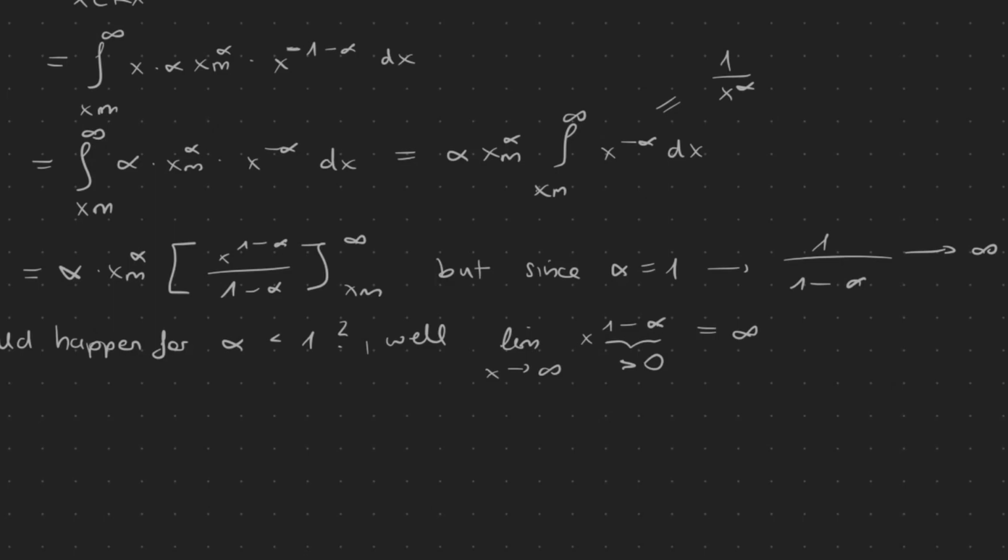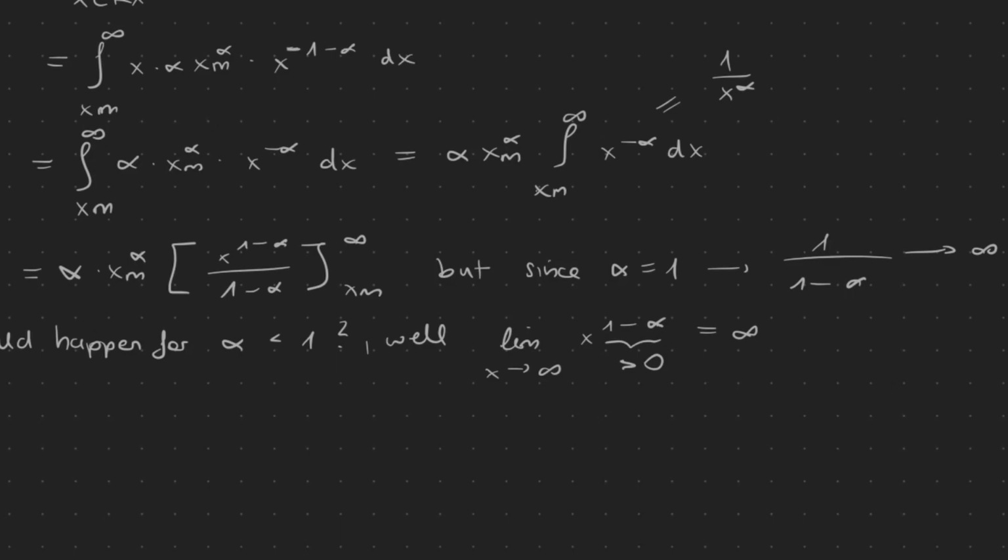That's it. And now, since we are interested in alpha equal to 1, we have to see that 1 over 1 minus alpha, so we have 1 minus alpha in the denominator, this converges to infinity, right? Because 1 minus 1 is 0 and 1 over 0 is infinity. So what would happen for alpha being smaller than 1?